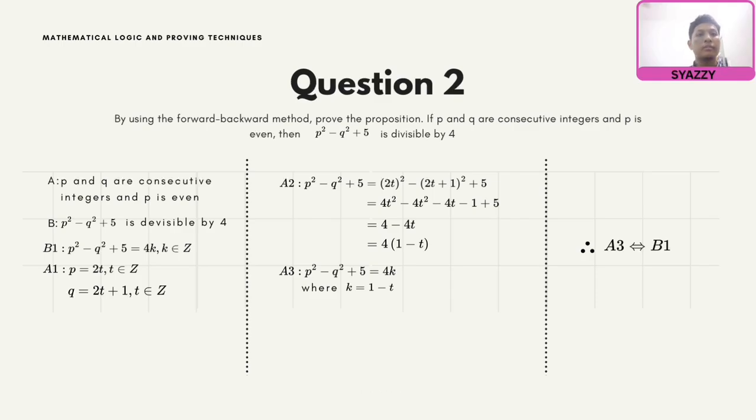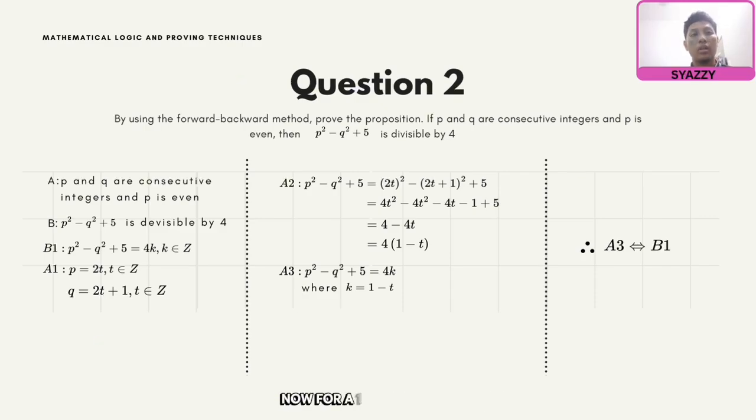Also B: p squared minus q squared plus 5 is divisible by 4. From that, you can get B1, which shows that p squared minus q squared plus 5 is equal to 4k, with k being an element of the integers. This is because it is divisible by 4.